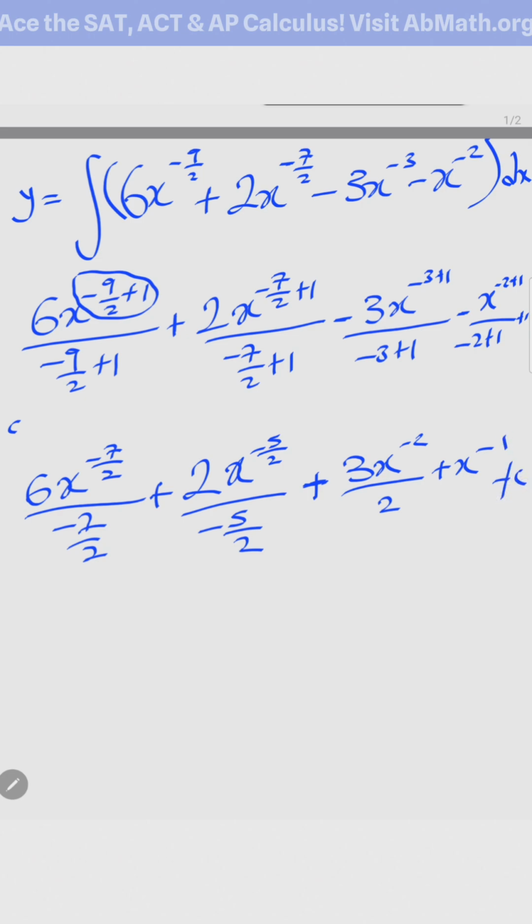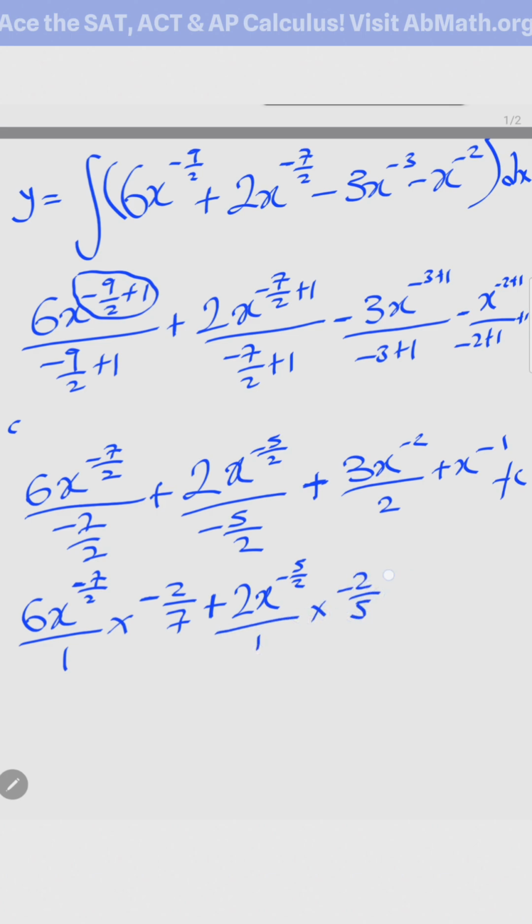Okay, so let's simplify this further. You have 6x raised to power negative 7 over 2 over 1 multiplied by negative 2 over 7, then plus 2x raised to power negative 5 over 2 over 1 multiplied by negative 2 over 5, then plus 3x^(−2) over 2, plus x raised to the power negative 1, plus c.